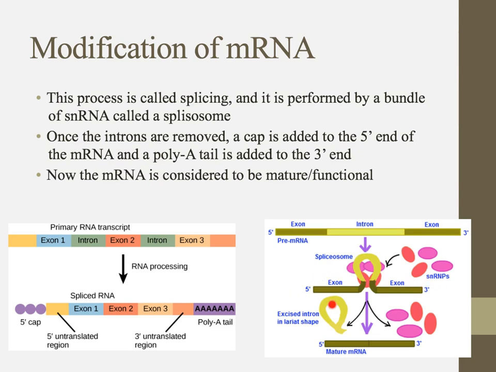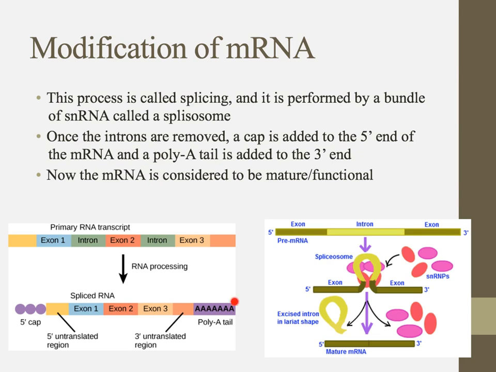Once all of our exons are glued together, we're going to do one more piece of modification before it's ready to leave the nucleus, before it's considered to be mature. We're going to add on a cap and a tail. We call this cap the 5' cap because it goes on the 5' end of the mRNA.